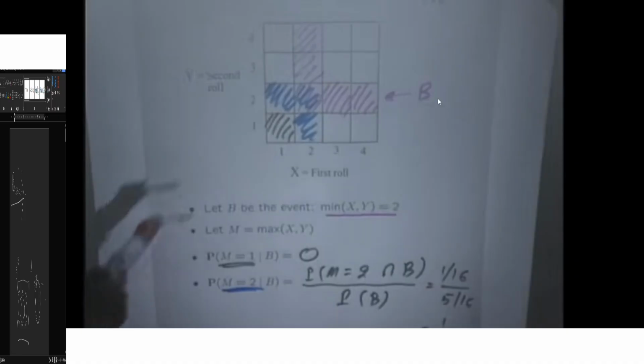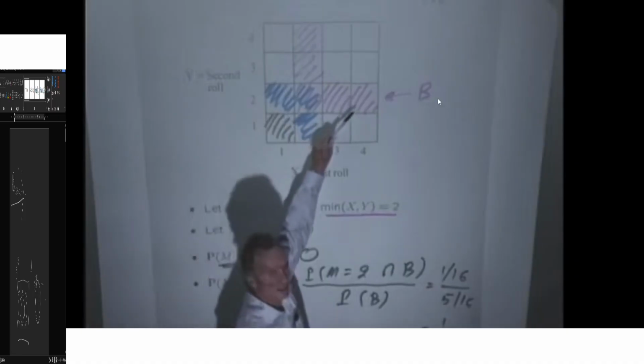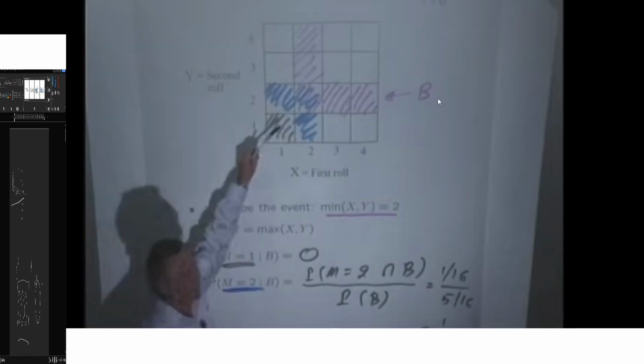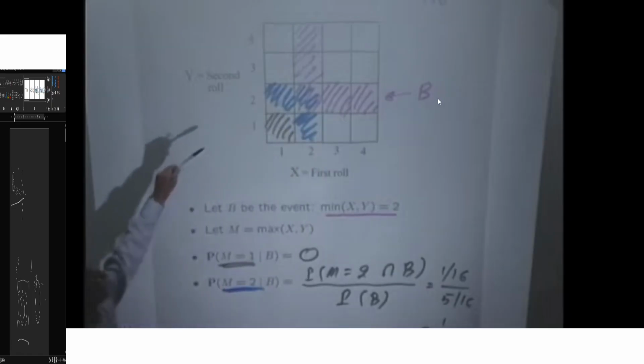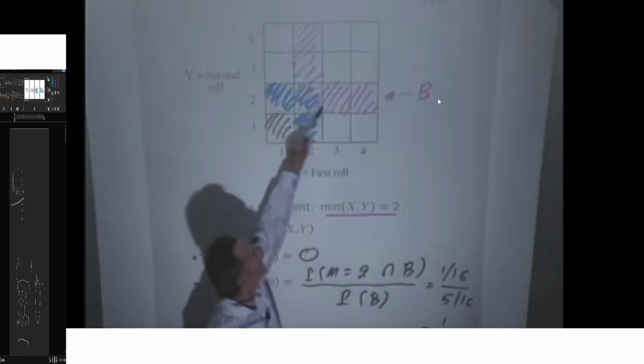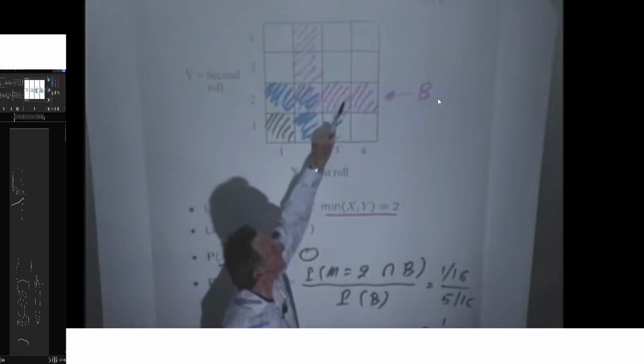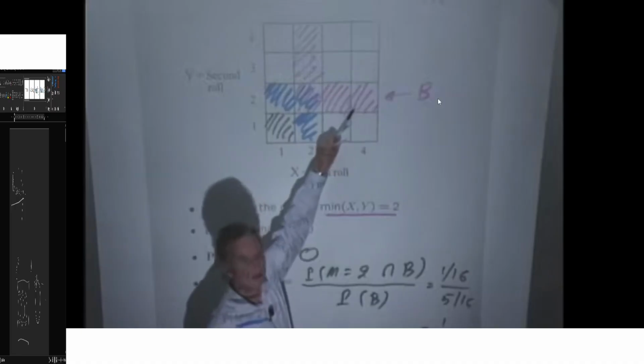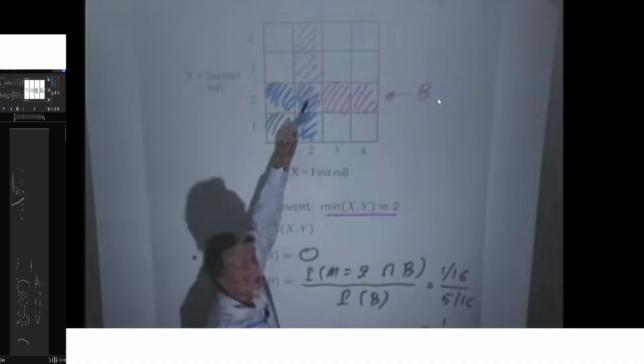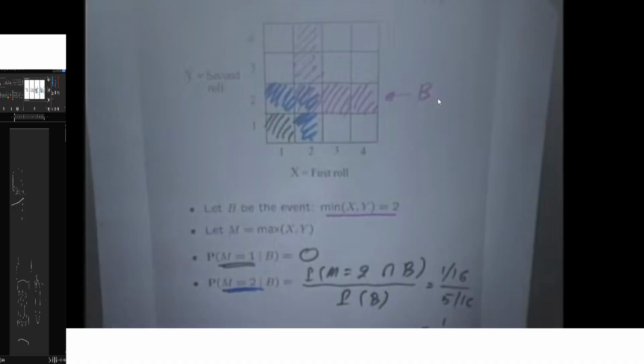So the 5 red elements were equally likely. They remain equally likely in the conditional world. So conditional on B having happened, each one of these 5 elements has the same probability. So the probability that we actually get this point is going to be 1/5.